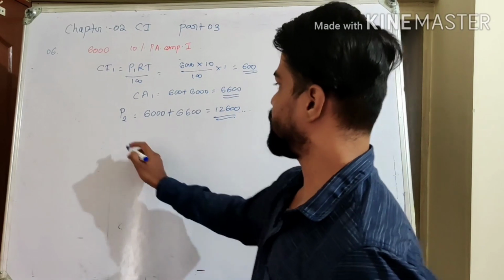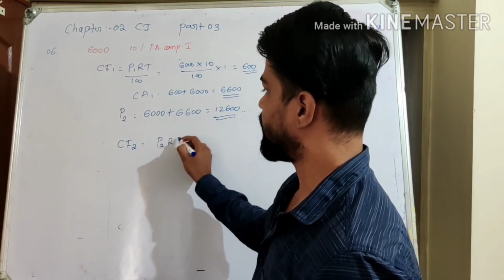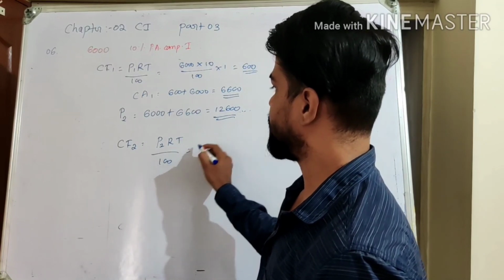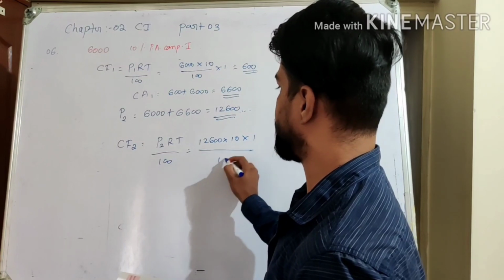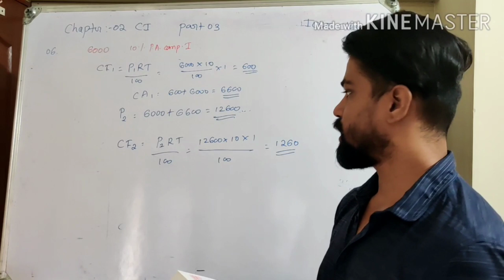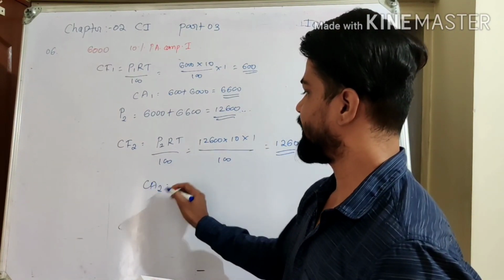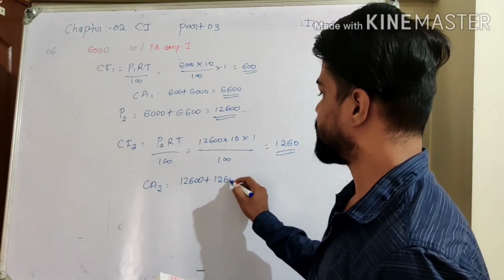Let's say compound interest for the second year. Compound interest for the second year is going to be P2RT by 100. So that is 12,600 into 10 into 1 by 100, which is 1,260. The compound amount at the end of the second year will be 12,600 plus 1,260.